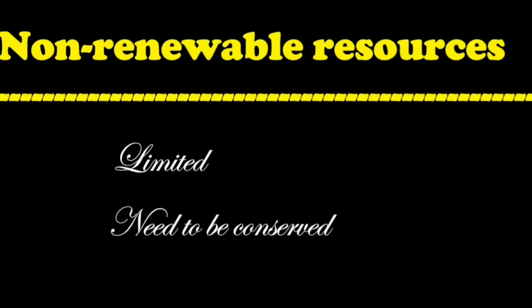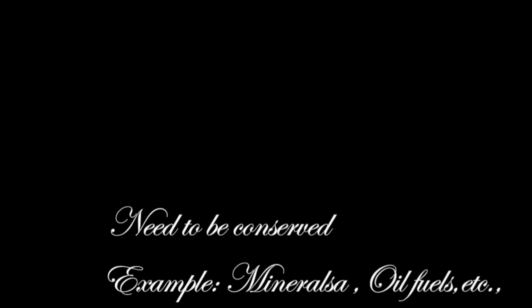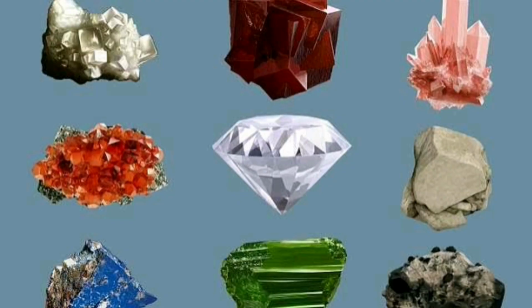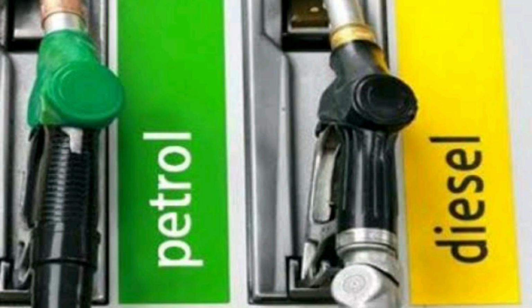Resources which are limited and get exhausted are referred to as non-renewable resources. These resources take millions of years to form or occur over a very long geological time. Minerals of all kinds and mineral fuels fall under this category of resources.